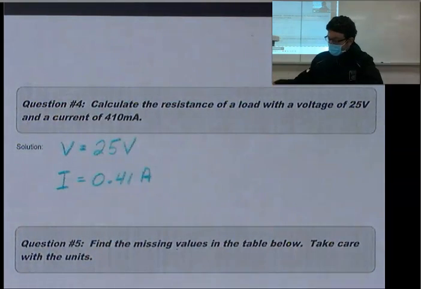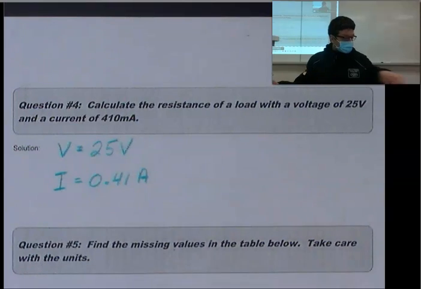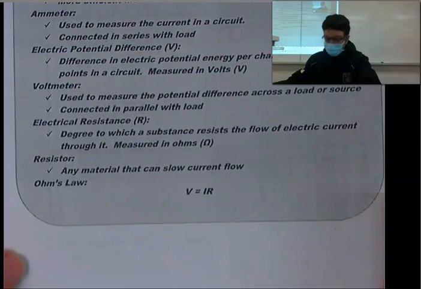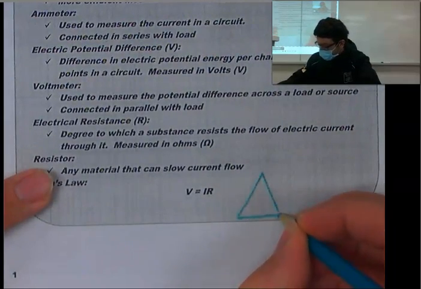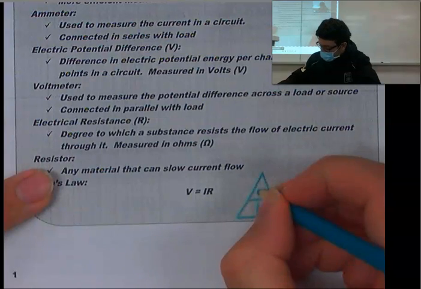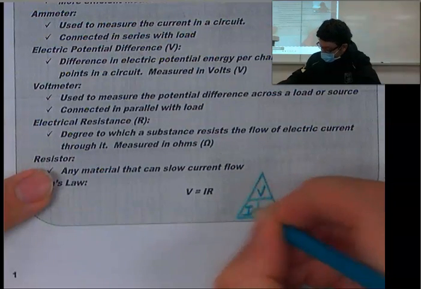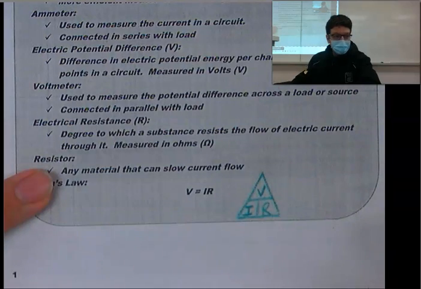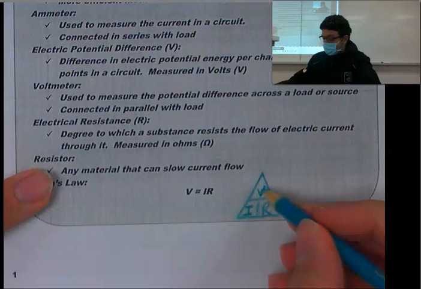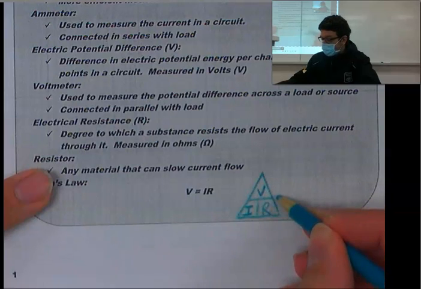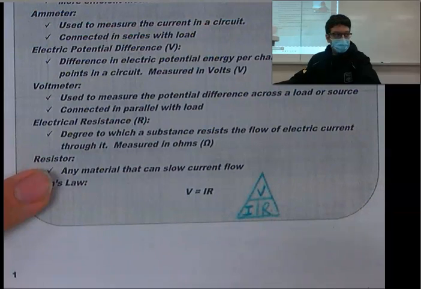Okay, it wants to know resistance. So if we look at our V equals IR, and if you want, you can put a triangle on there, where V is up here, I is here, and R is there. Resistance would then be equal to voltage divided by current.